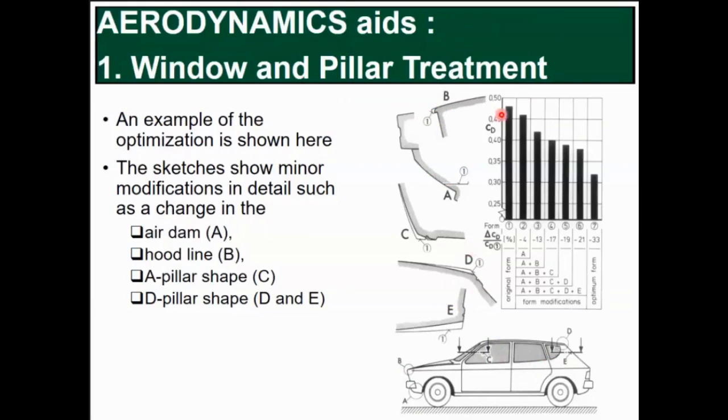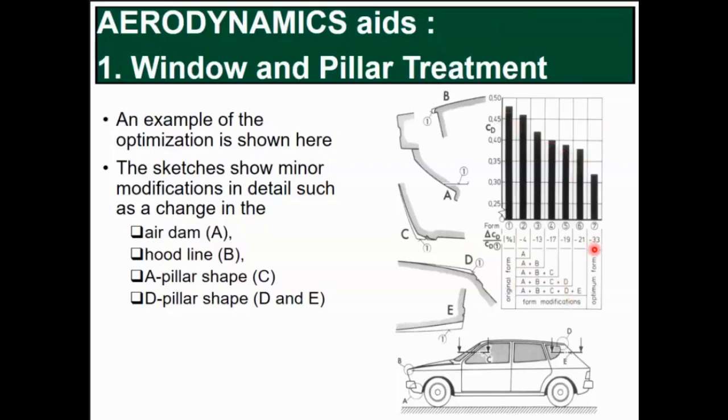Okay? For example, initially this vehicle has 0.5708 punya coefficient and drag coefficient. So if we implement the modification or optimize area from A plus B, A plus B plus C, A plus B plus C plus D, and finally plus E, the CD will decrease.